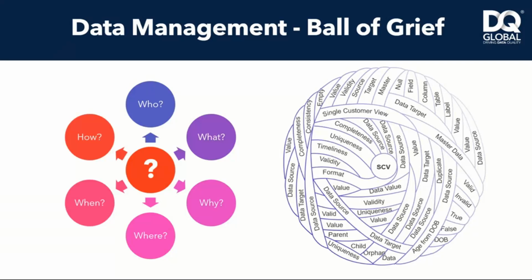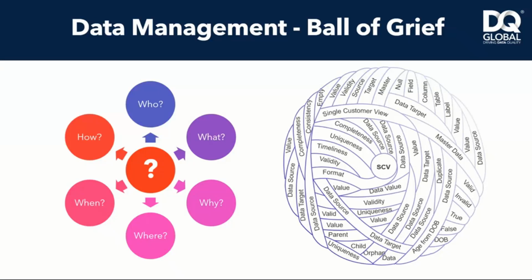Is it complete? Is it a duplicate? Is the telephone valid? Is it formatted correctly? And we have all of these different aspects that we need to consider in order to create a trusted single customer view or single record view. Depends if you're coming from the healthcare space or whether you're coming from universities. You may have different terminology, but ultimately we'll want a single trusted version.